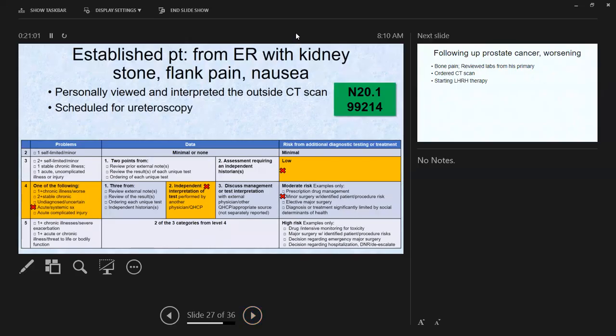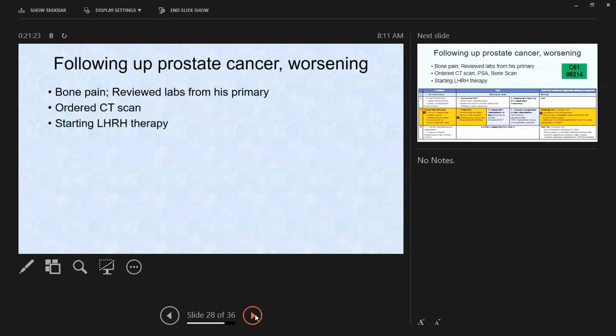So this patient has flank pain, nausea, an acute issue with some systemic symptoms, independent interpretation of a test, and minor surgery with some identified patient or procedure risk factors. Because again, flank pain, nausea, and the like, I give this patient 99214.